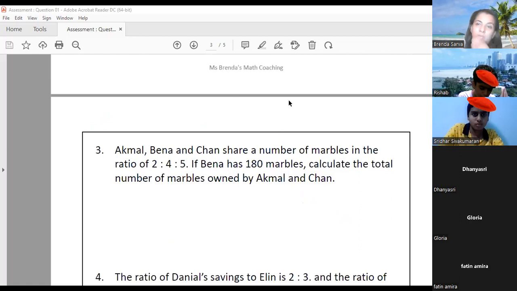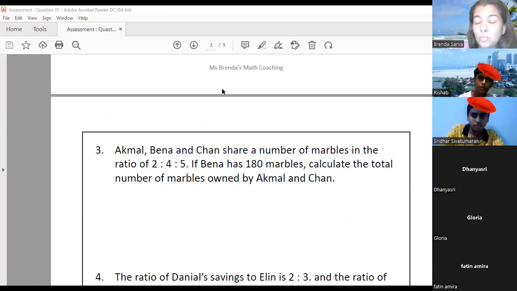Okay? Word problems. Okay, let's see. Akmal, Bena, and Chan share a number of marbles in the ratio of 2 to 4 to 5, which means what, guys? Akmal gets 2 parts, Bena gets 4 parts, Chan gets 5 parts.